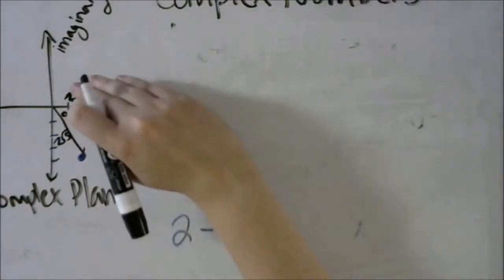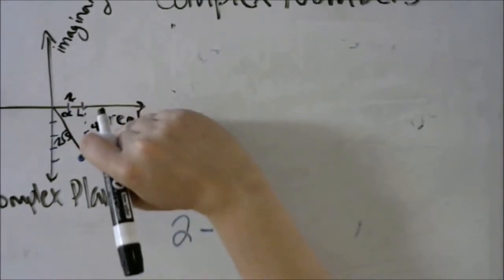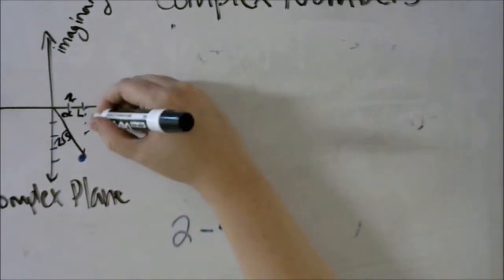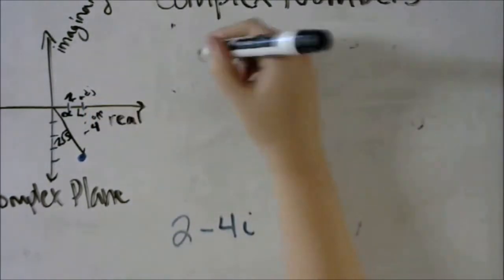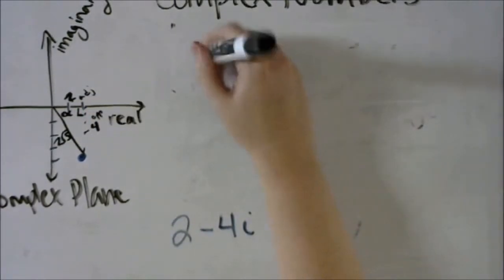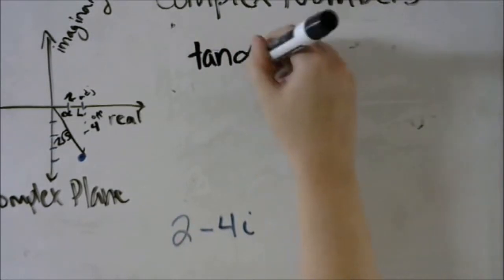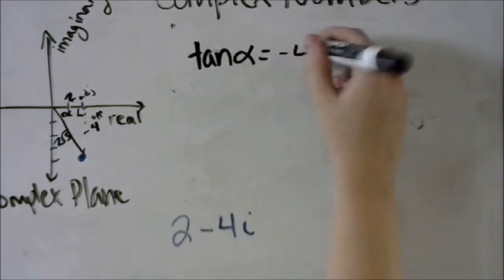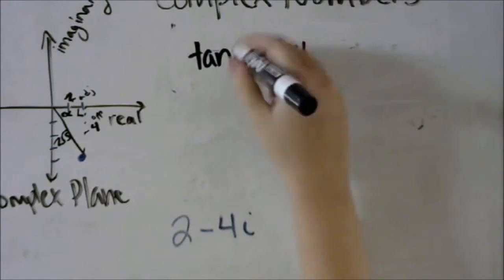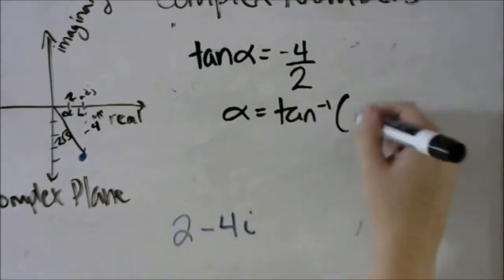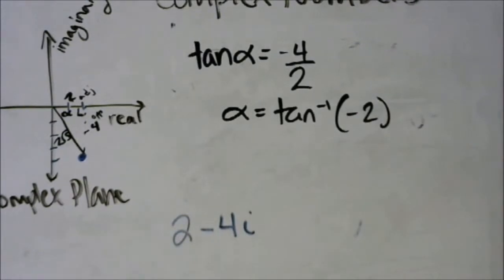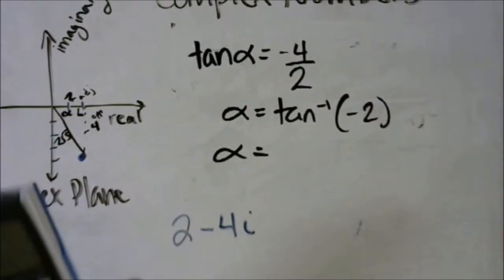Since I was given the side lengths 2 and -4, I was given the opposite over adjacent ratio, which we learned in an earlier objective was tangent. So tan alpha equals -4 over 2, or using the inverse function, alpha is the inverse tangent of -2. Type this into your calculator for an angle in degrees.